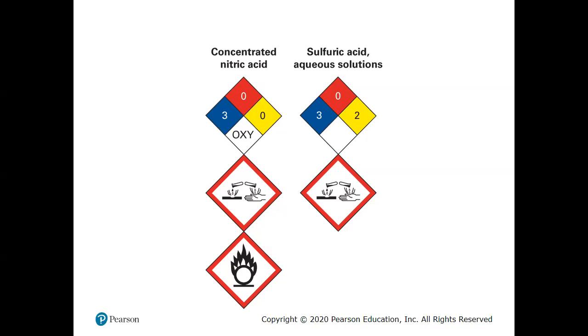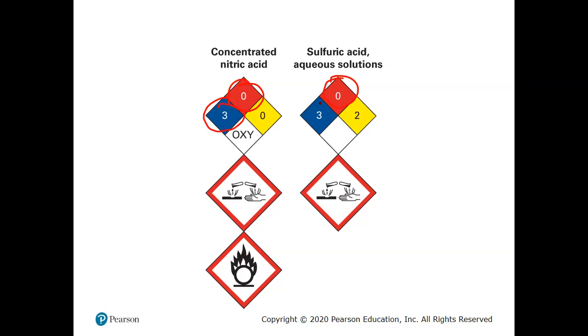Now, just as a comparison, we look at nitric acid on the left-hand side versus sulfuric acid on the right-hand side. And we can see that with limited exceptions, they're very similar in a lot of ways. Neither is flammable.